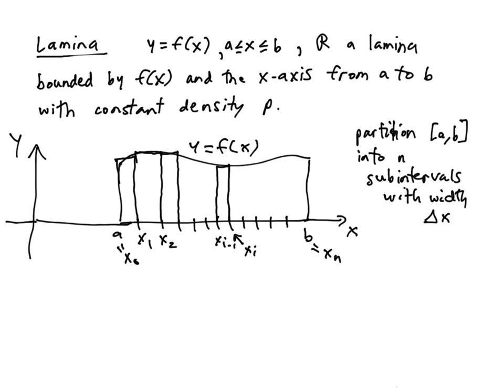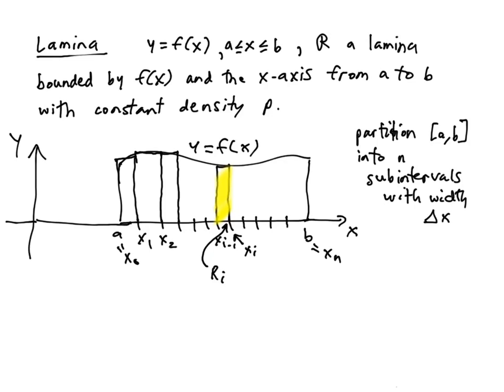So I will tell you in advance, let's go ahead and call this entire rectangle here R_i. Okay? So the idea is that if we can find the center of mass of this rectangle, we can actually find the center of mass of every rectangle and then treat them like n dots.